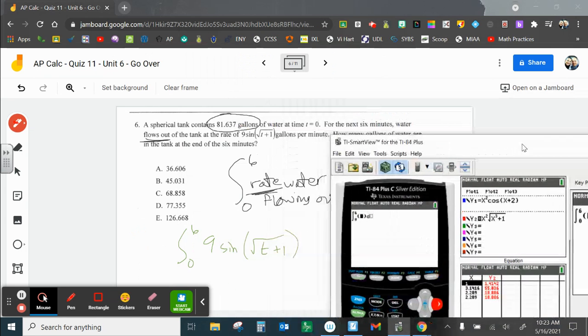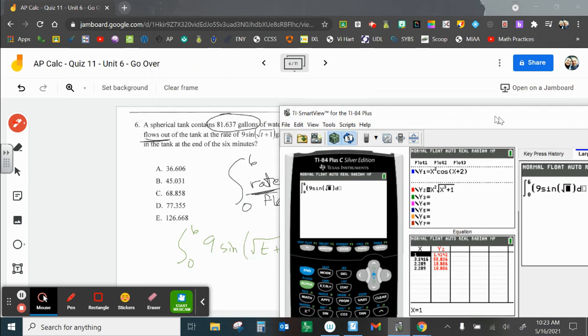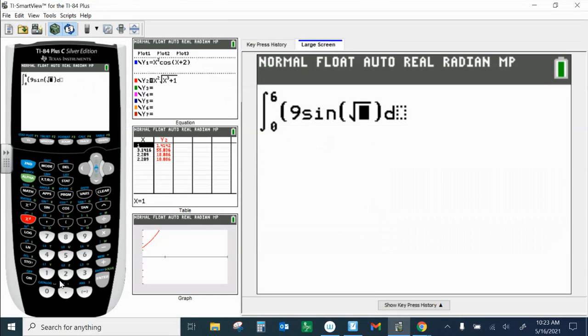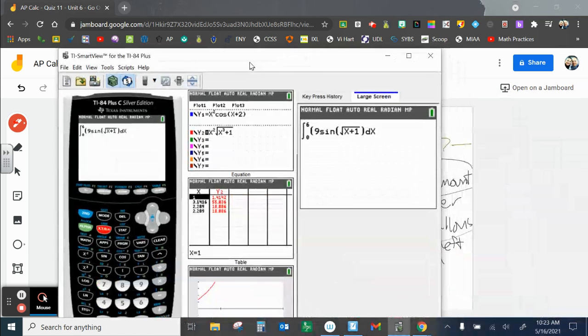I can't remember what the function is. 9 sine of the square root of, even though it's t plus 1, we use x plus 1. Let me make sure it's plus 1 and not minus 1. X plus 1. Perfect. And it's within dx.